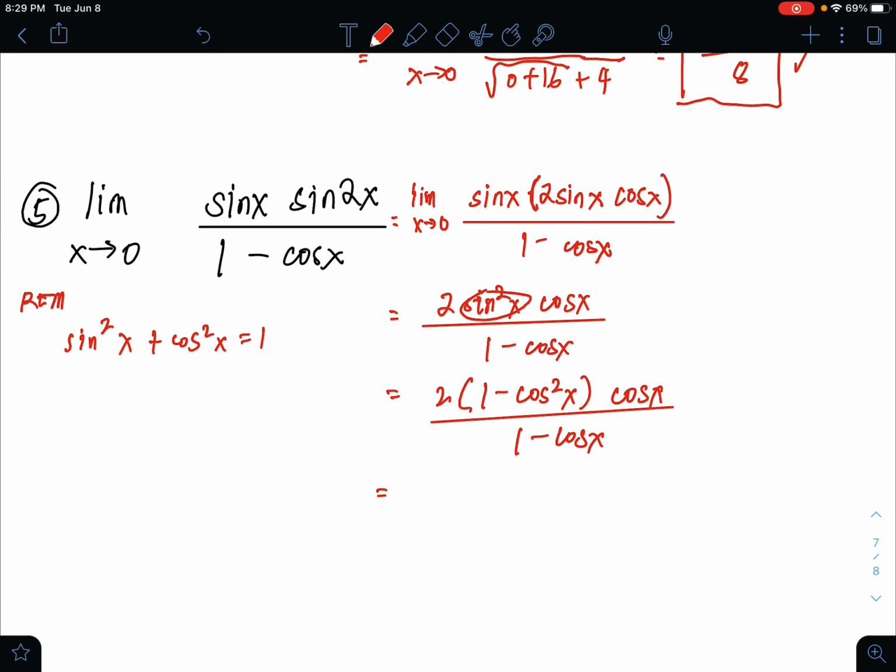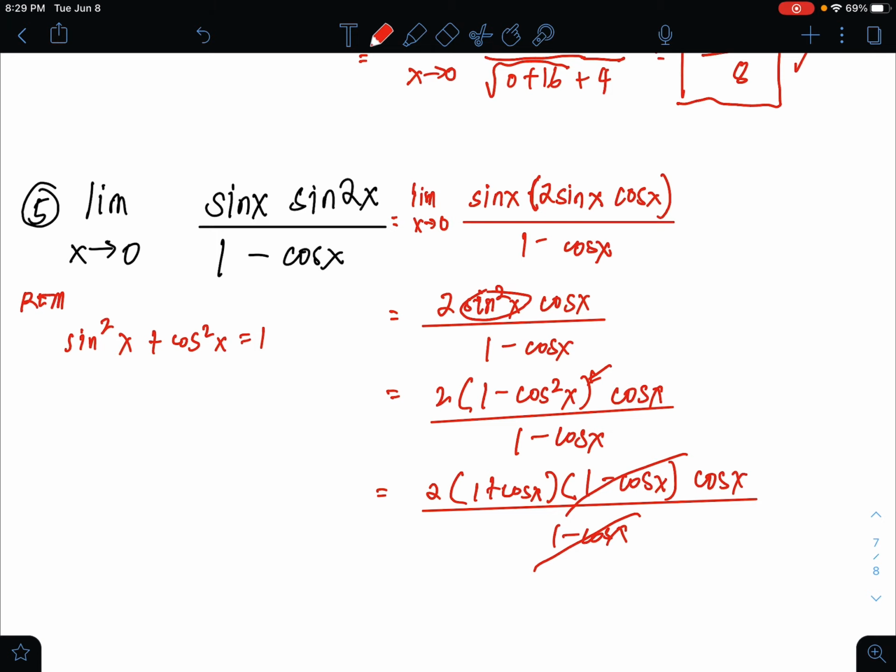Then let's factor this: 1 plus cosine of x times 1 minus cosine of x, all over 1 minus cosine x.